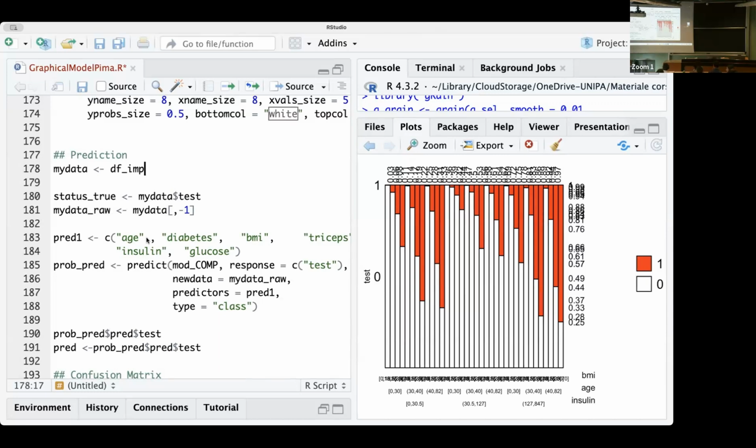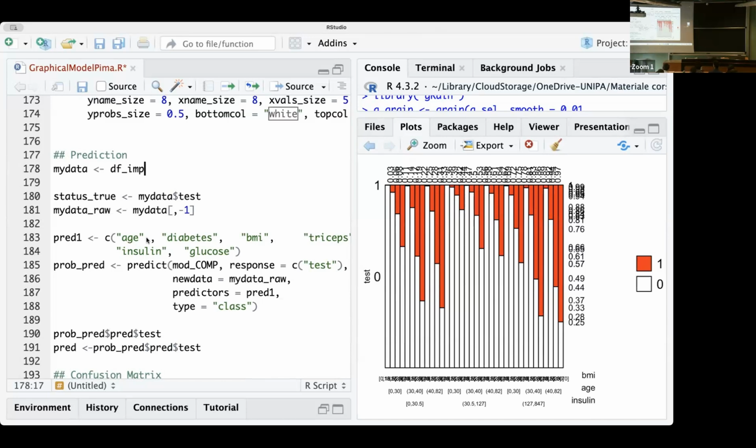And then your model, because this contains information about the conditional dependencies, and the type of prediction that you want. Class means 0, 1, or you can have also probability of being 0, 1, for example.